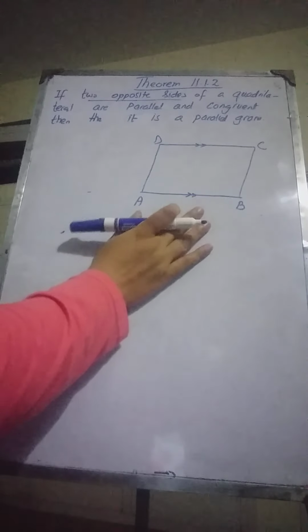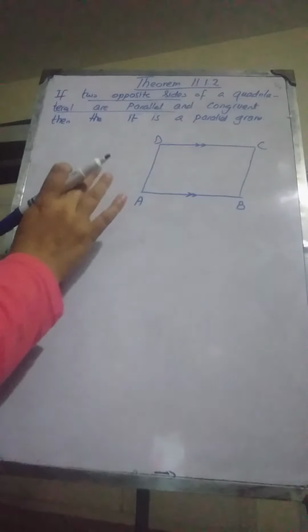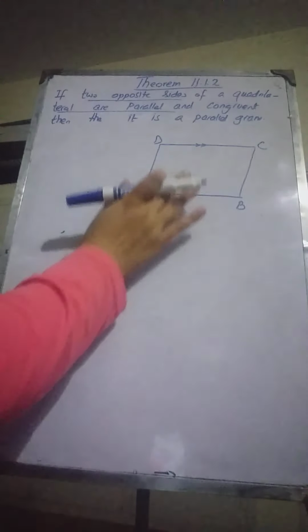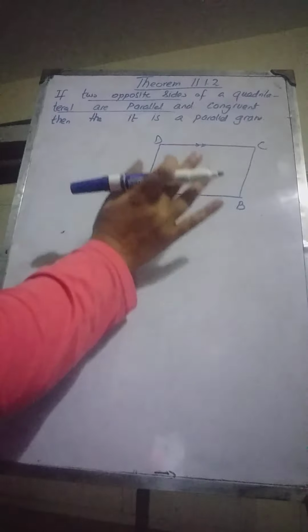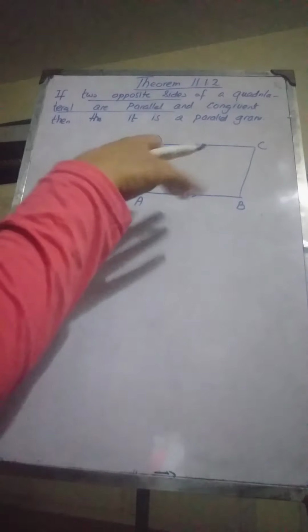But till now the information that we have is about only these two sides. So we need to prove that if AB is parallel to CD and AB is congruent to CD as well, then this will form a parallelogram.